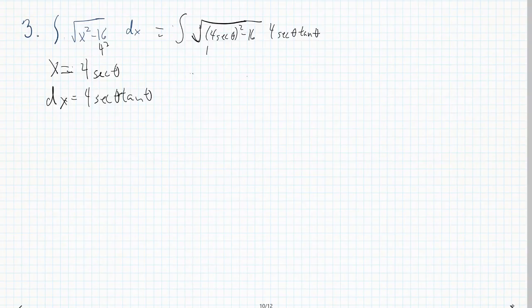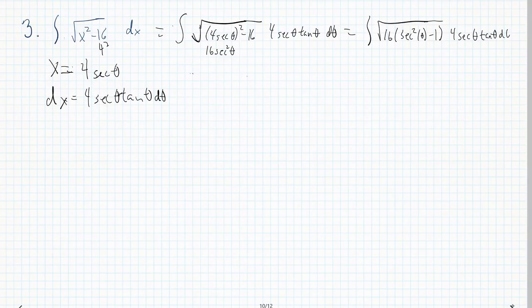So this makes 16 secant squared theta. Oh, toss in that d theta as well. So now, what do we have? This integral becomes the integral of the square root of, we can factor out the 16, you're left with secant squared theta minus 1. And then we have a 4 secant theta tangent theta d theta.